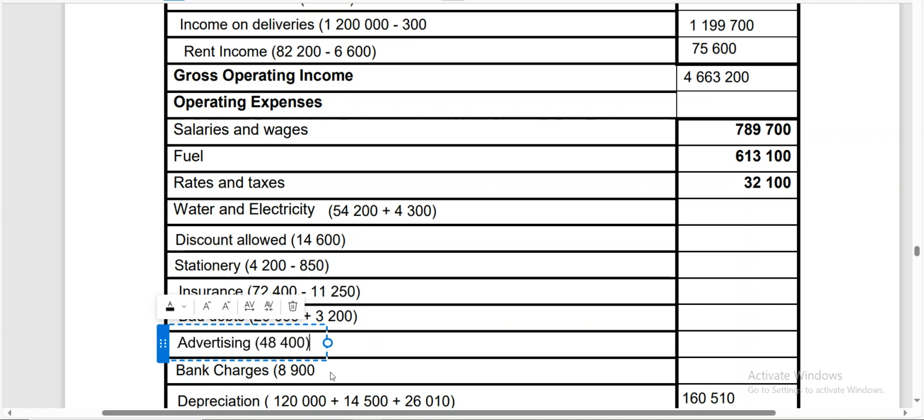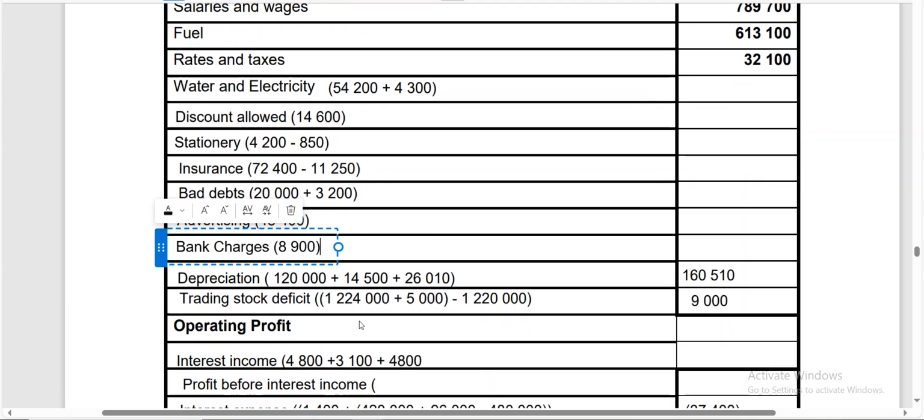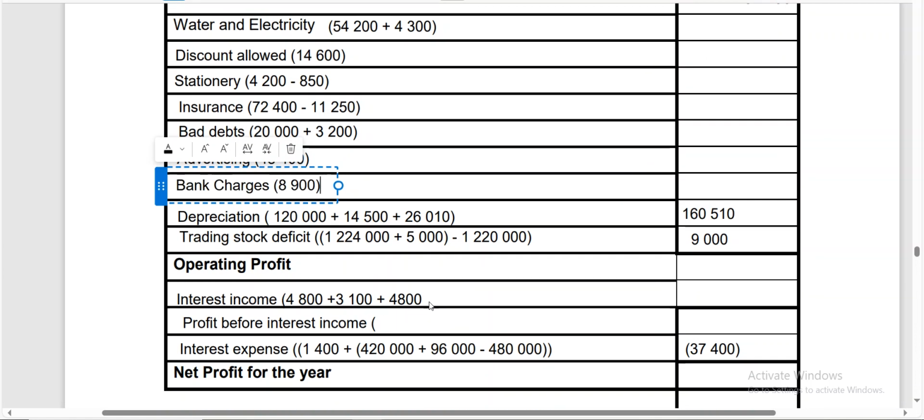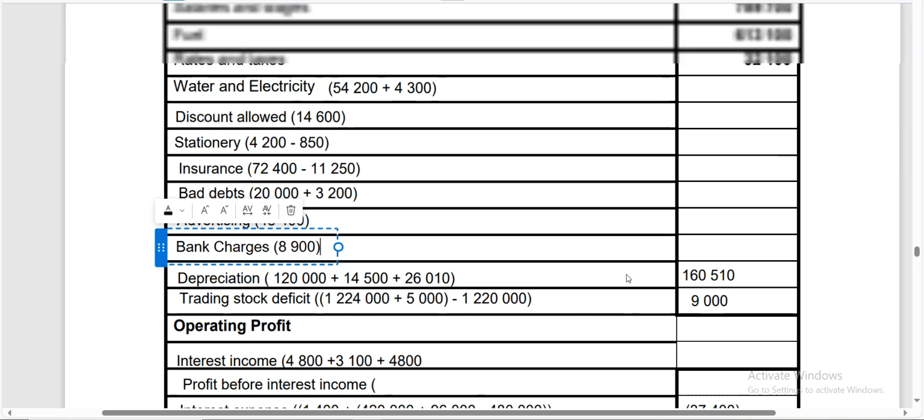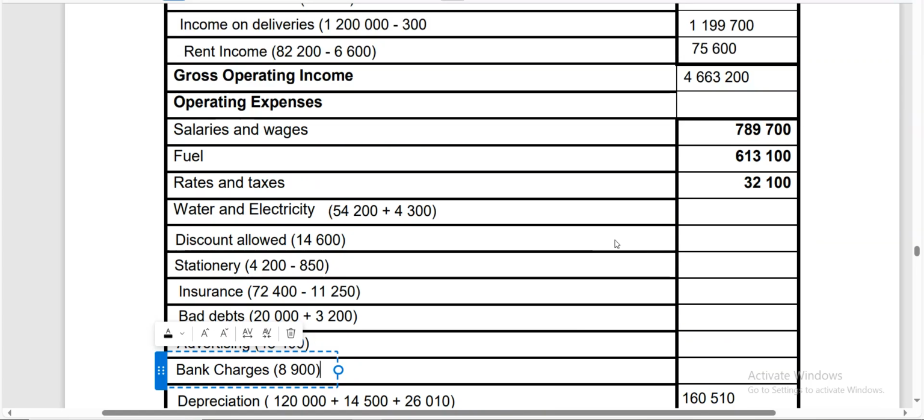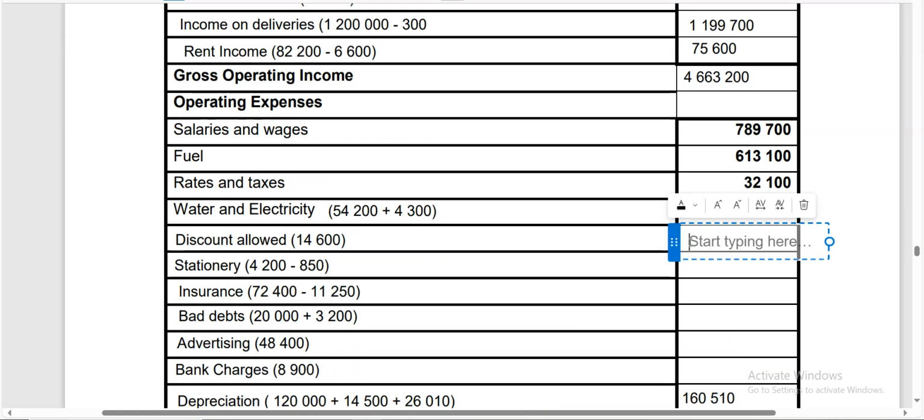But I think for now everything is properly updated. Yeah, it seems everything is fine. Our interest incomes, yes, everything is fine. So discount allowed, remember, it's going to remain 14,600.